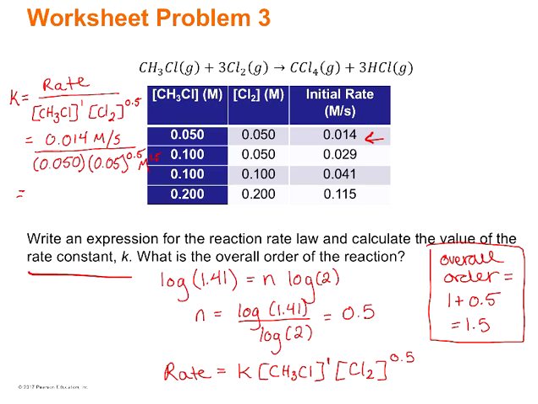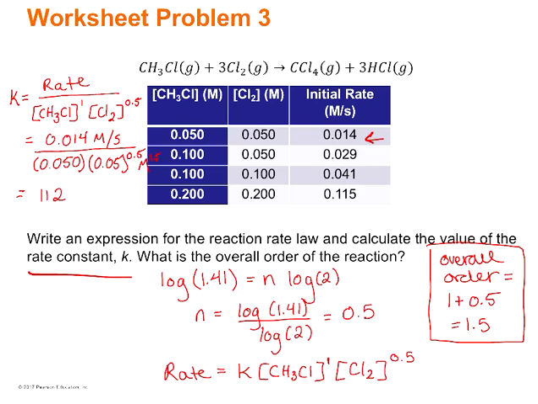Okay, so we should get a value of 112. And if you want to double check my work, please feel free. And then in terms of units, we have 1 M on the top and 1.5 on the bottom.